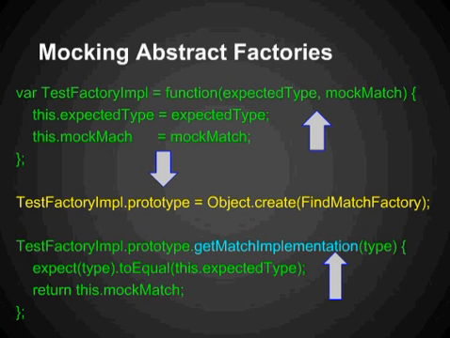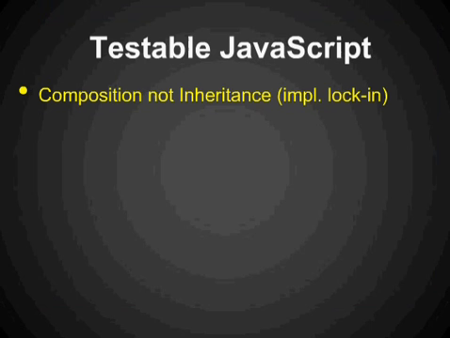Then that gets injected into the constructor function of the object that needs a runtime dependency. And then at runtime, that object uses the factory, passes in the runtime value, and gets back the dependency it needs to do its work. Let's look at it again because it's awesome.